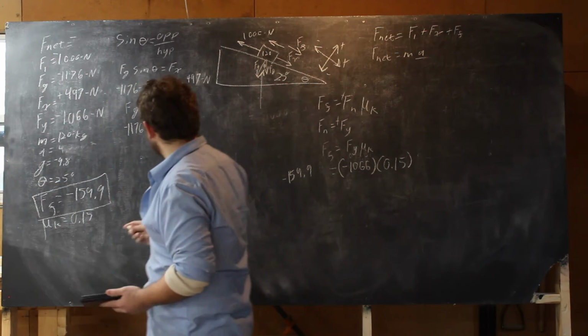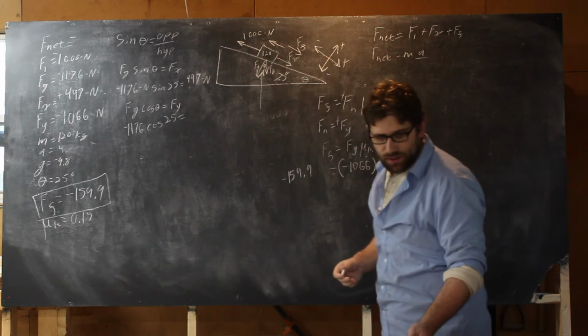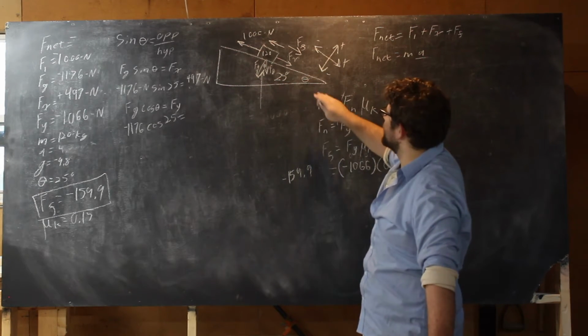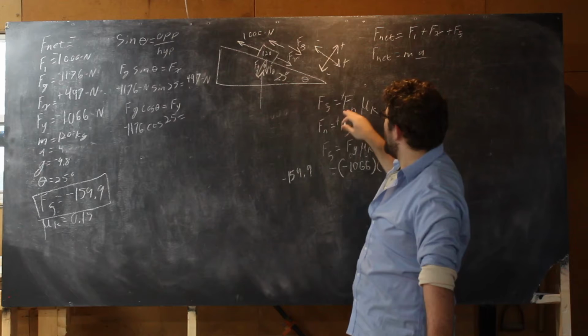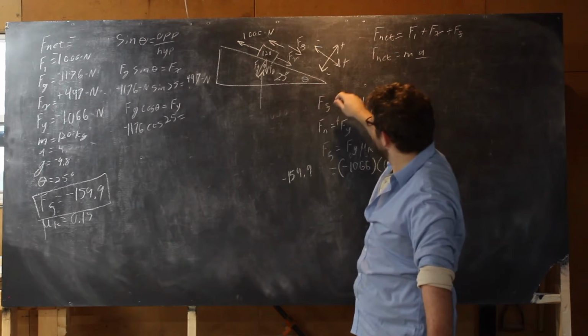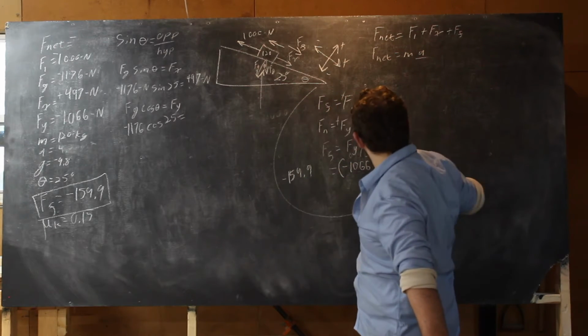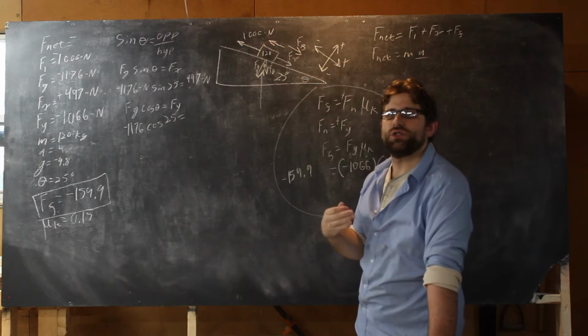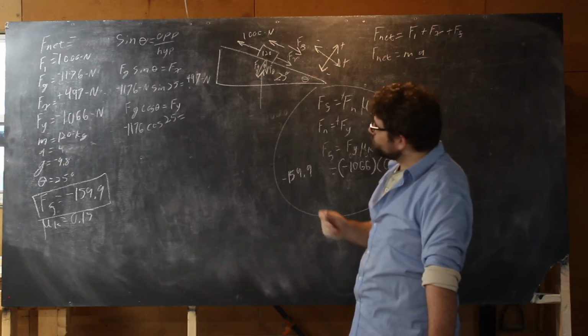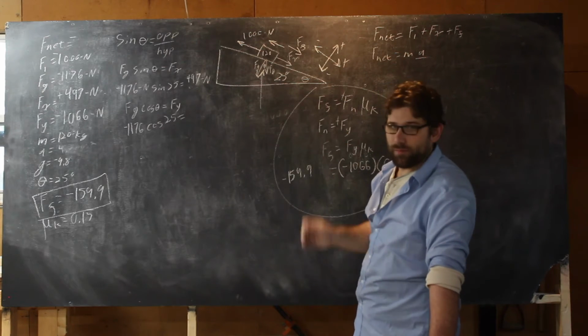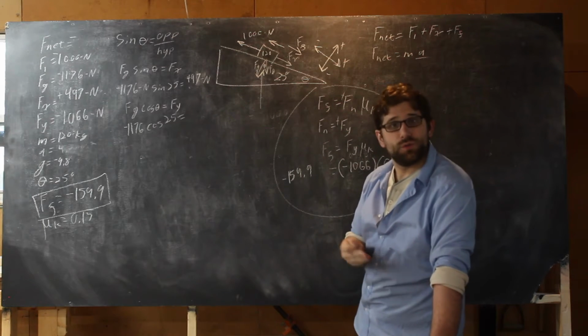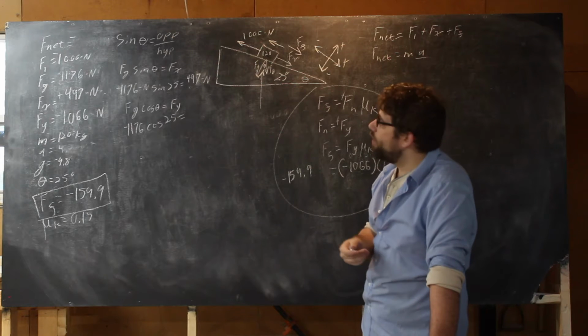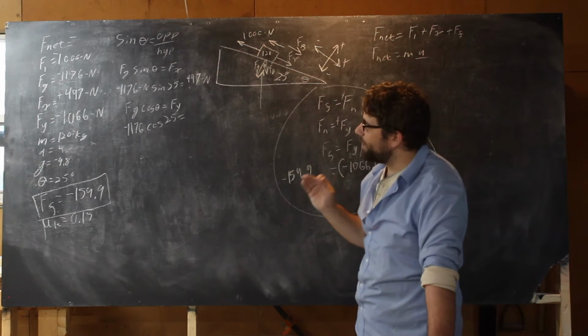So I wanted to do that just to show you guys that finding the force of friction in a complex problem like this, if we added in this extra force, it really doesn't add that much work to the back end. It really just adds that extra confusion to the front end. So if you get a problem that has a lot of forces involved, which you might on our unit test, what I want you to do is go step by step.